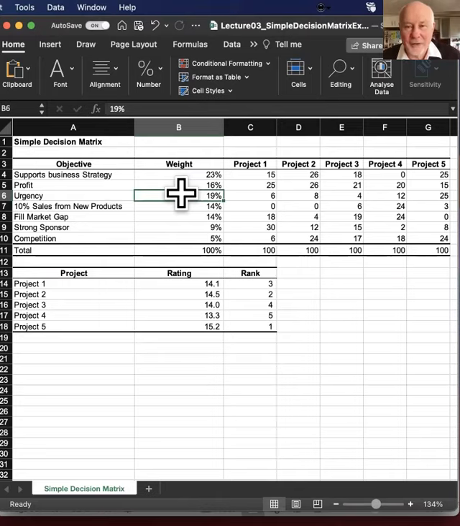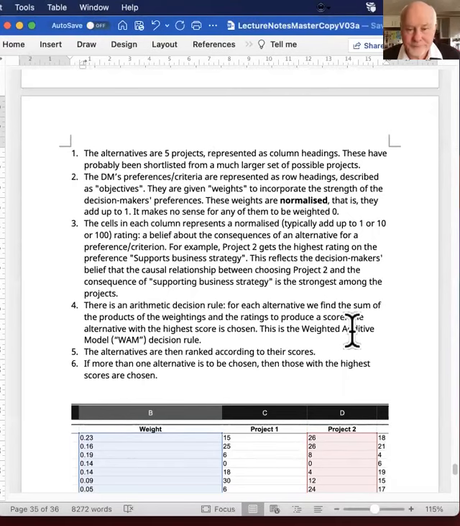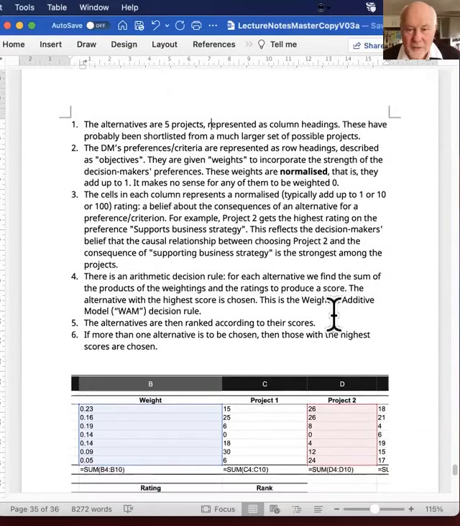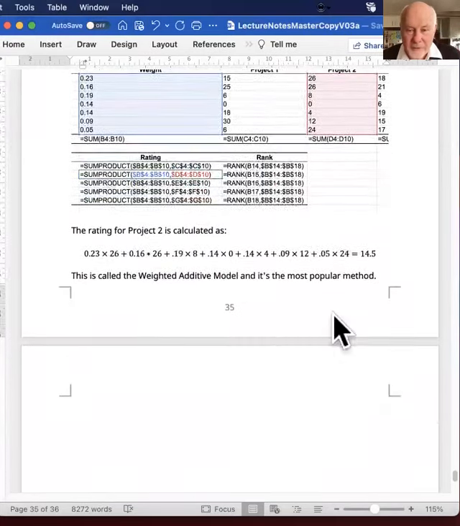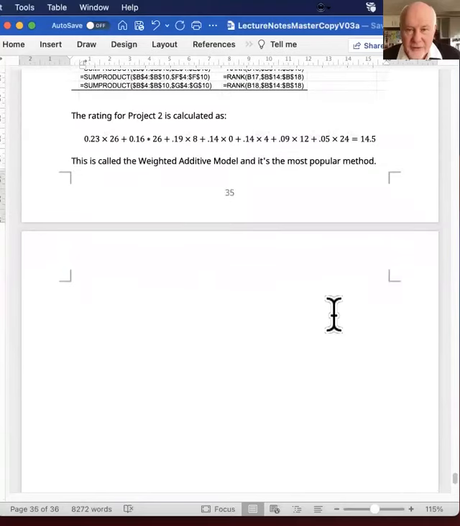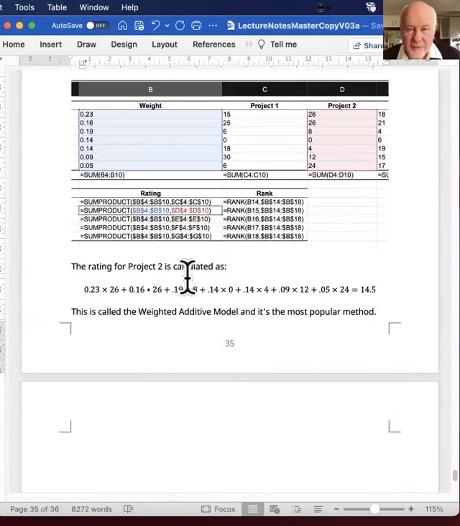It's not contributing anything to your decision, so you wouldn't do that. All right, here in the notes, I've done the actual calculation for project 2 that I've just shown you. It's just a simple matter of multiplying and adding, so the actual arithmetic behind it is not complicated at all.